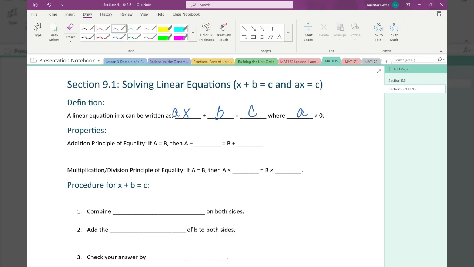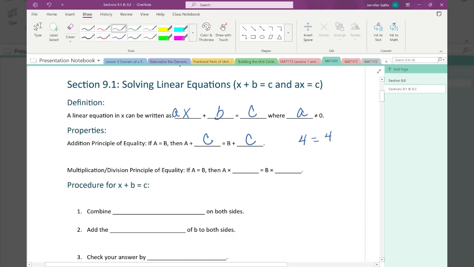Now, the addition principle of equality. What this is saying is if we have some number A and some number B, and they happen to be equal, then we can add the same thing to both sides and not change the equality of what we started with. Consider if we have 4 equals 4.